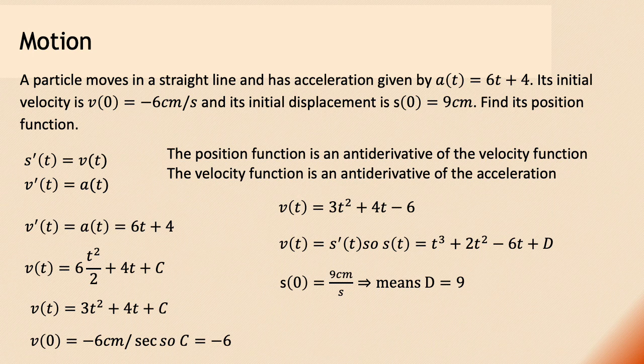So if you plug that into the position function, s of 0, substituting a 0 where there's a t, you're going to end up with d equals 9. So our arbitrary constant is equal to 9. So you have s of t equals t cubed plus 2t squared minus 6t plus 9.